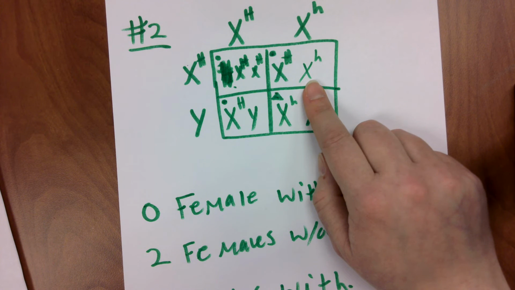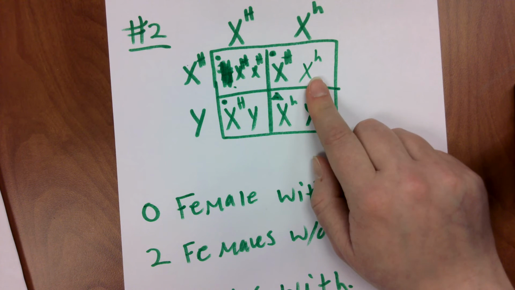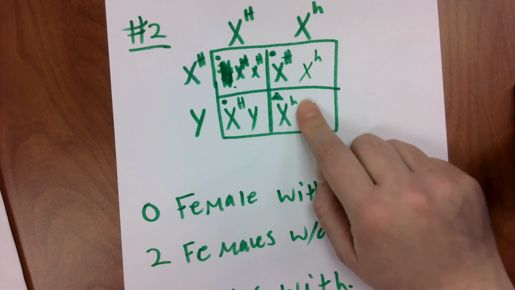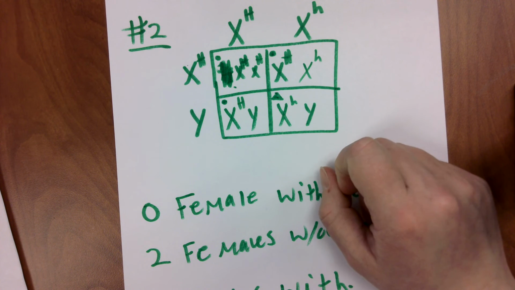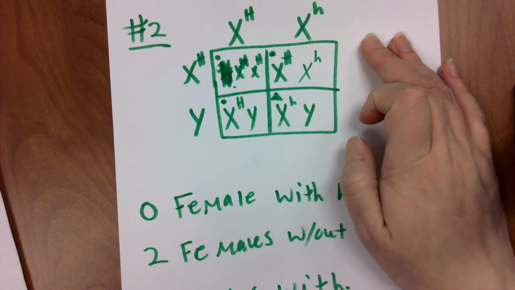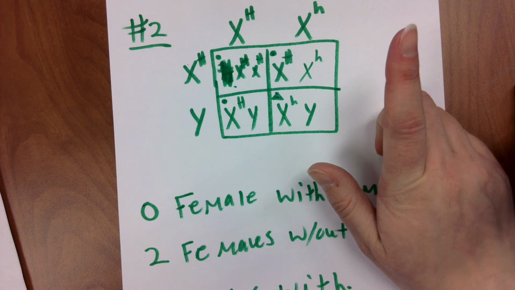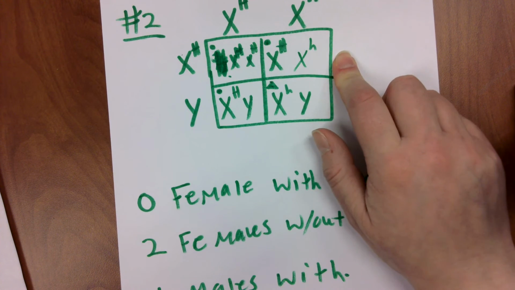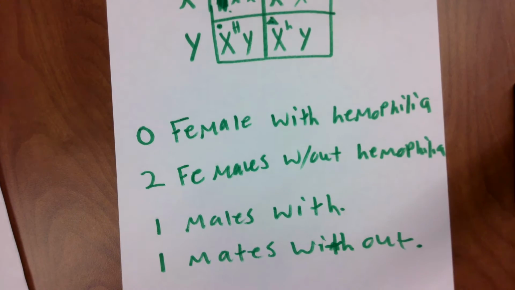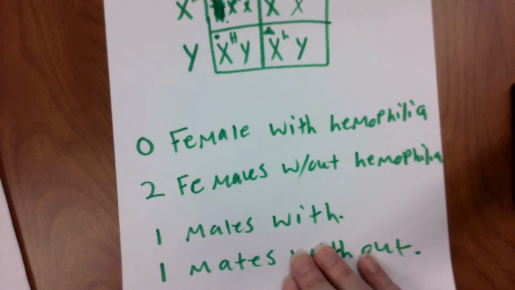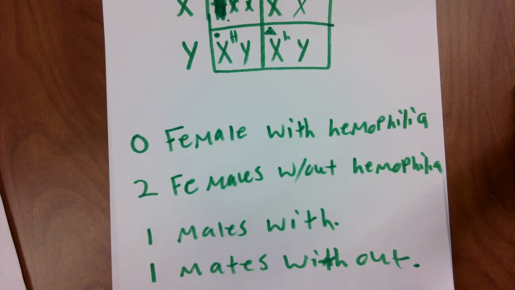If her children show up with hemophilia down the line, especially if her boy shows up with it, then we know that she carried that gene. But that is not a phenotypic trait that we know, that is a genotypic trait. So we don't put it here. Okay, so that's how you do number 2 from start to finish.